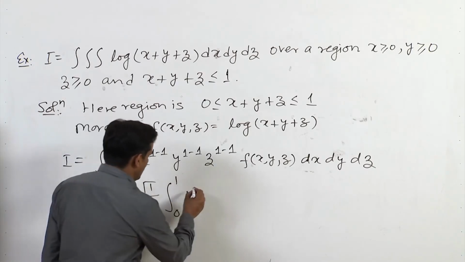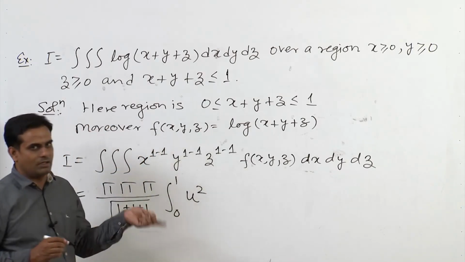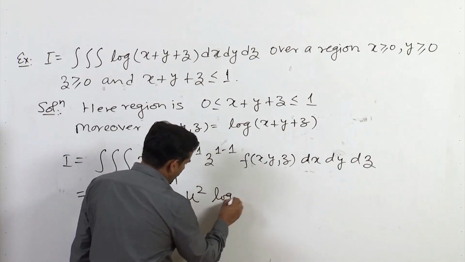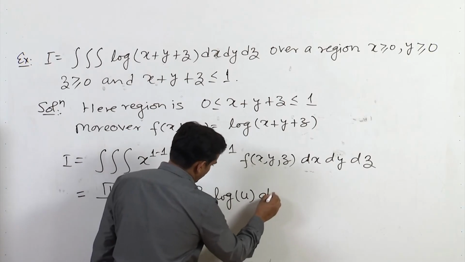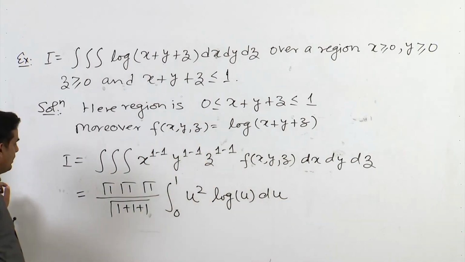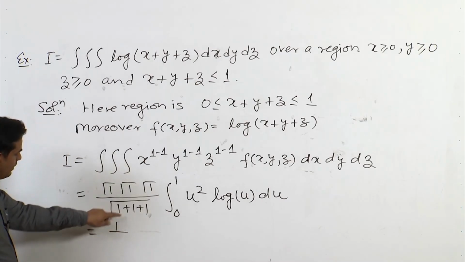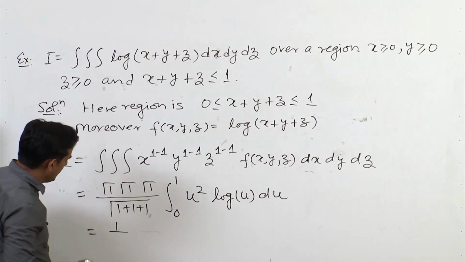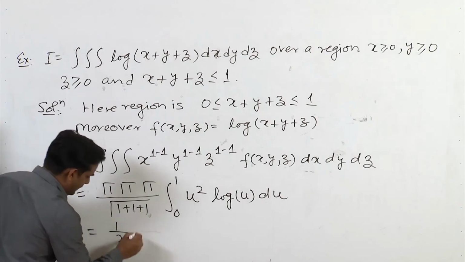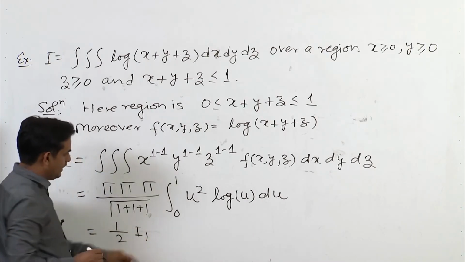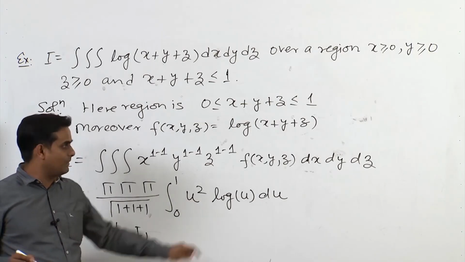So, here it will become u square because 1 plus 1 plus 1 minus 1, and then f of u will be log of u du. So, now this will be 1 upon factorial gamma 3, which is factorial 2, that is 2, into I1, which is given by this definite integral.